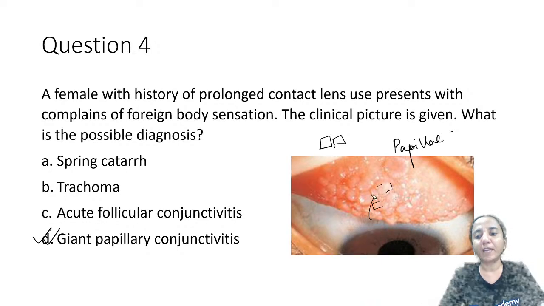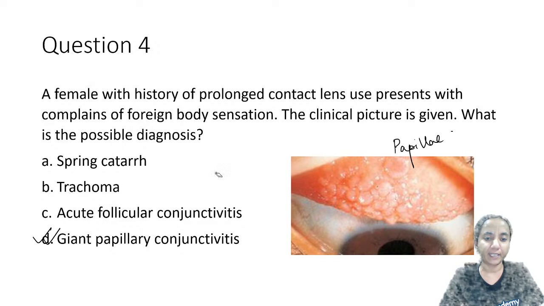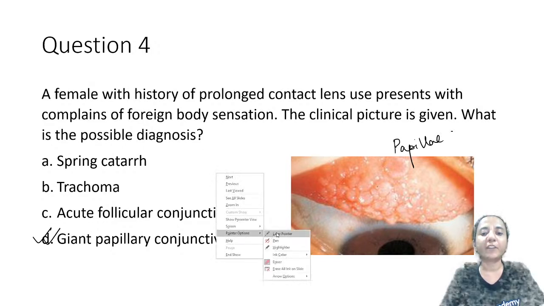Now, giant papillary conjunctivitis is seen in any kind of constant irritation to the conjunctiva, like for example, an ill-fitting contact lens.